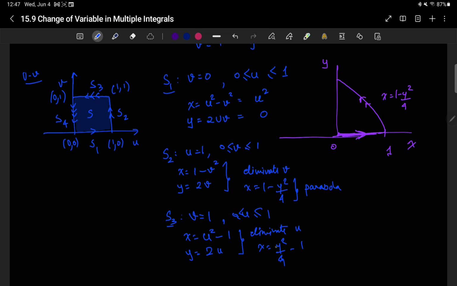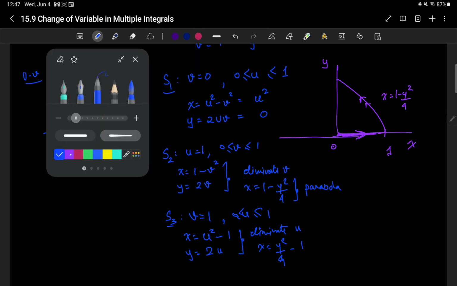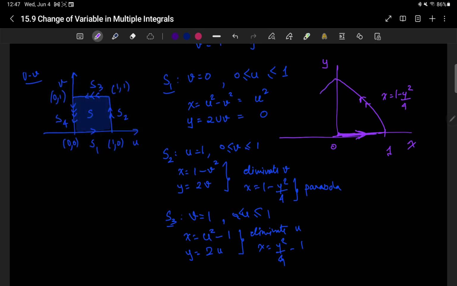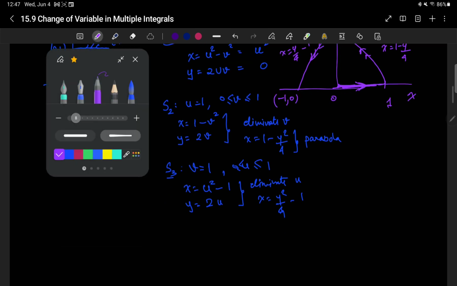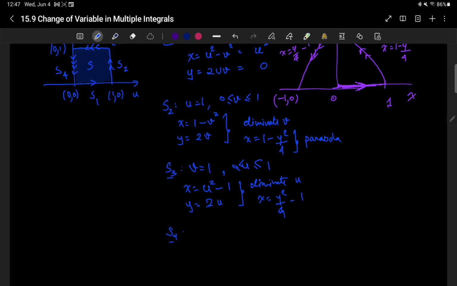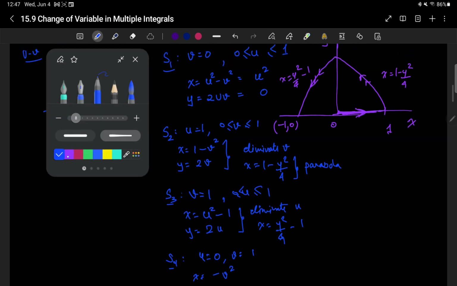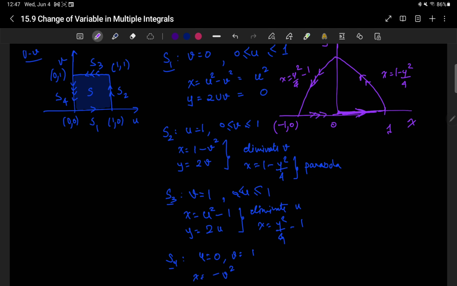But in this case, the coefficient of y squared is not negative, so we will have this as the third part. So x is y squared over 4 minus 1. So x is negative and goes to the point (-1, 0). And lastly, for the side S4, we are at u equals 0 and v is 1. So we get x is negative v squared and y is 0. So we're back on the x-axis, and in this case, we will be over here.